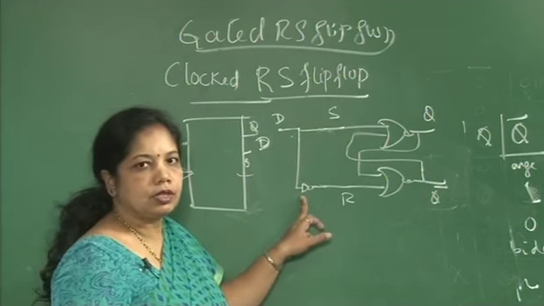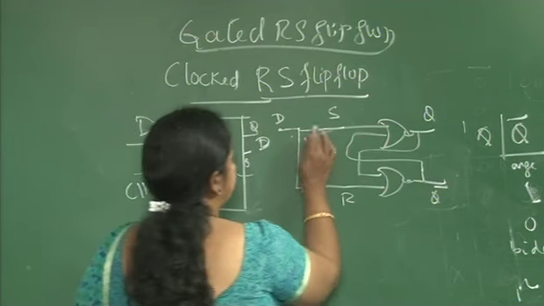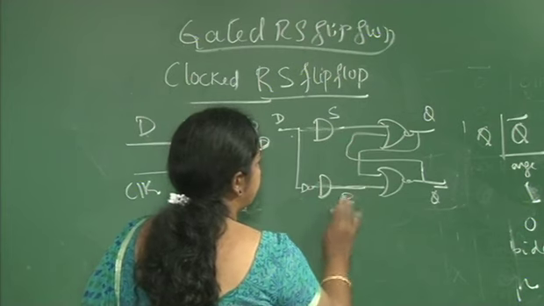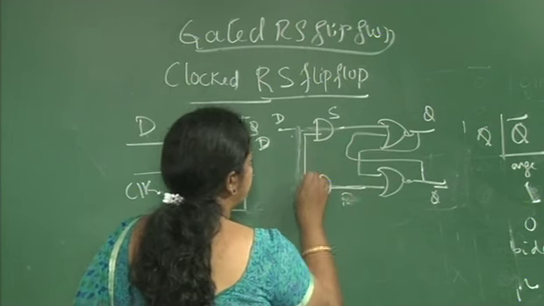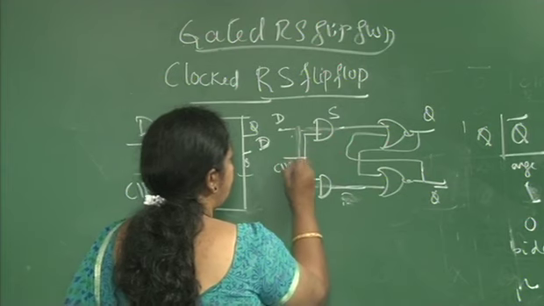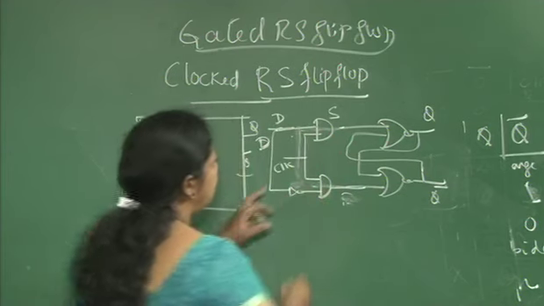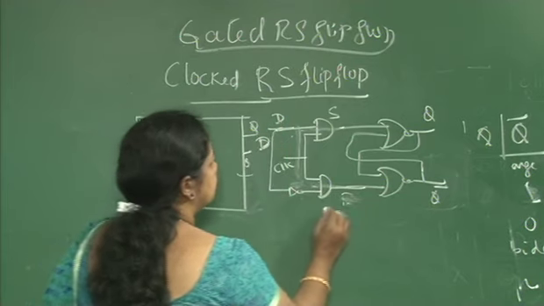Once again, if I need to connect a clock, I need to use one more AND gate, an additional input to connect these two through the clock, and this is a single input.